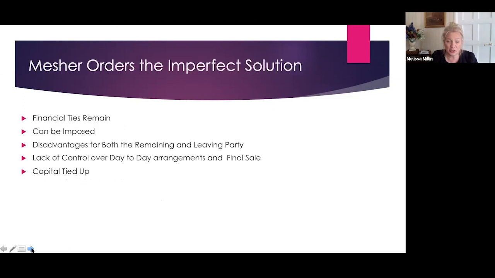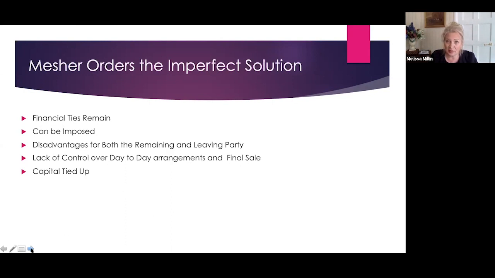Now, clearly, a Mesher order is not a perfect solution. It keeps the financial ties between the parties, and it's been criticised in the fact that it can have disadvantages for both the parties, the remaining party and the leaving party. There is enormous lack of control over the day-to-day arrangements, and there can be a feeling of great disturbance and disruption for the party when the final sale is enforced.